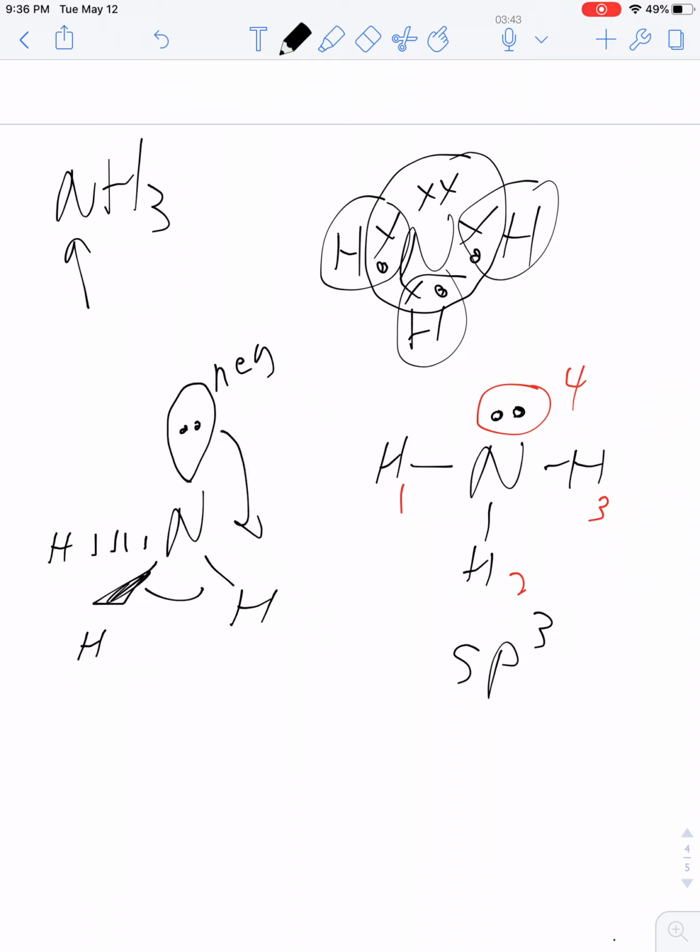So that negative charge pushes the atoms away from it. And so what happens is the hydrogens become closer together, and the bond angle is 107. Now, knowing that number is not important. What is important is realizing what happens to that angle.